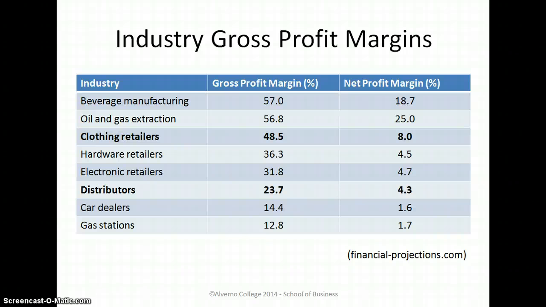I've bolded a couple of these, clothing retailers and distributors, because we use these downstream in the presentation. So let's just say clothing retailers are 49% and distributors are 24%. So keep those numbers in mind.